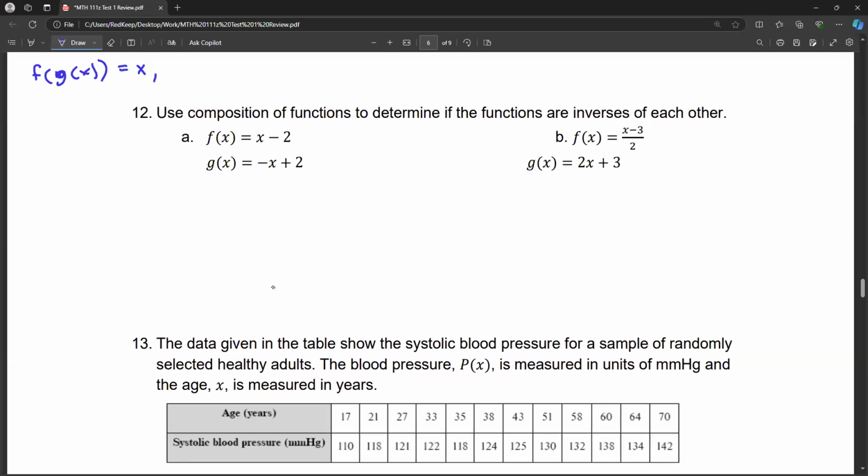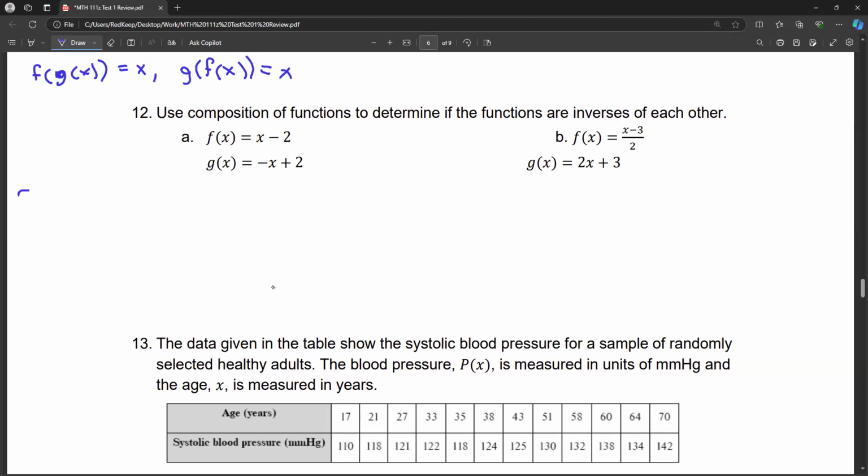And the opposite would be true as well. So I should be able to plug in f into g, and this would be equal to x, right? And this is kind of a visualization of the undoing of the function that the inverse does. So this is the goal, right? Let's go ahead and see what happens.